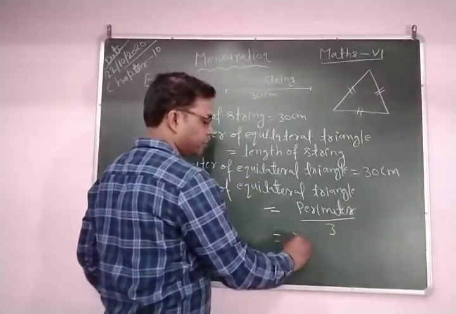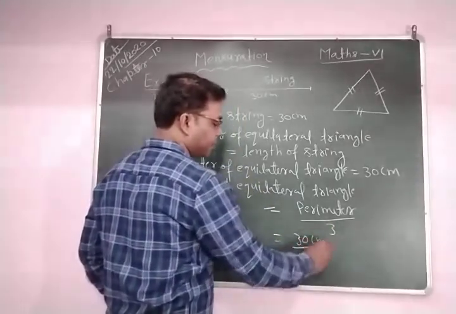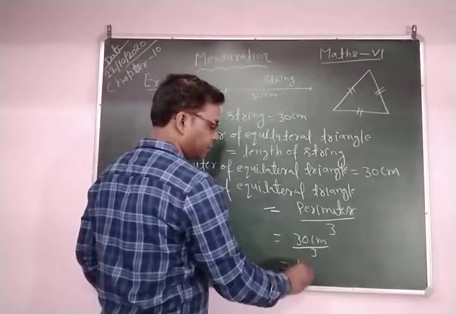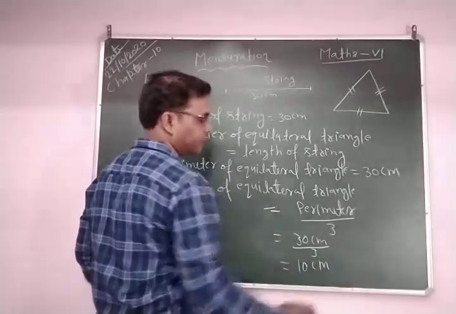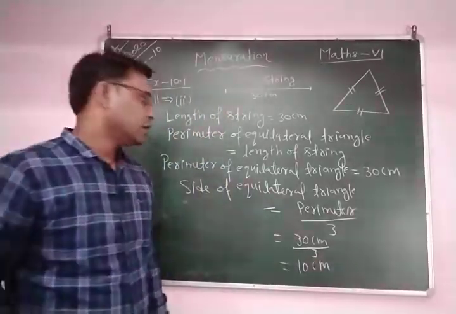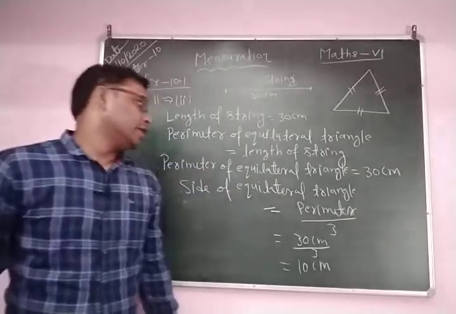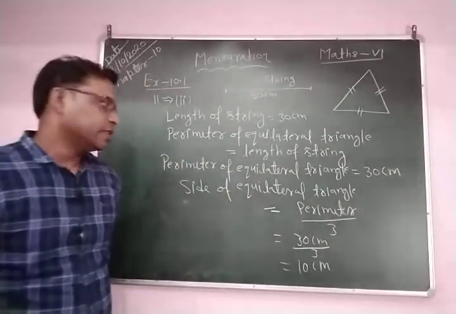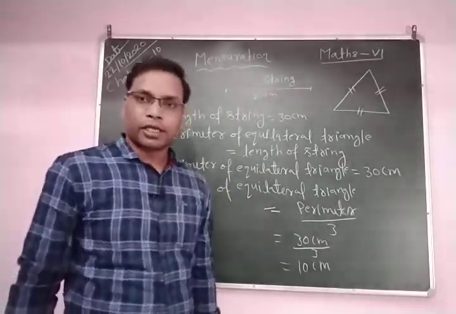Here the perimeter is 30 centimeters divided by 3. This is equal to 10 centimeters. So the length of a side of an equilateral triangle is equal to the perimeter of the equilateral triangle divided by 3.